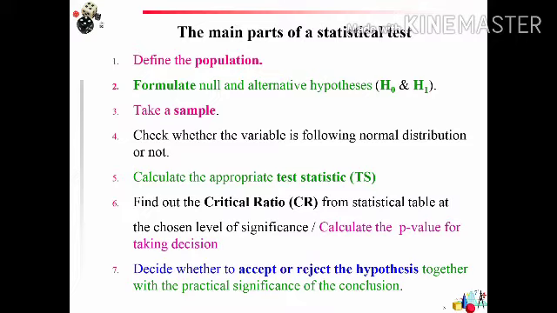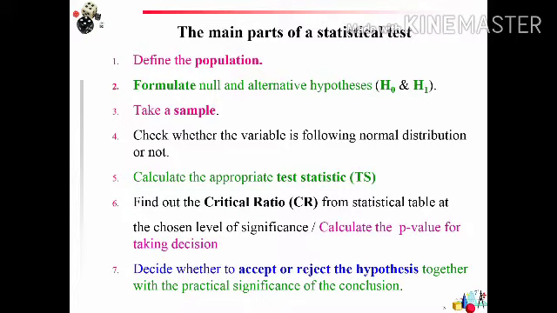In carrying out a test of statistical significance, certain steps have to be followed in sequence. First of all, we define the population, then formulate the null and alternative hypothesis, then take a sample randomly from the population, check whether the variable is following normal distribution or not, and calculate the appropriate test statistic and find out the critical ratio from the statistical table at the chosen level of significance, or calculate the p-value for taking the decisions.